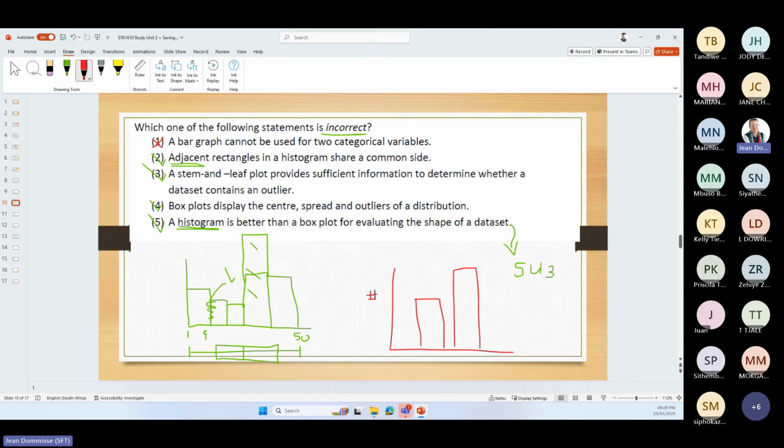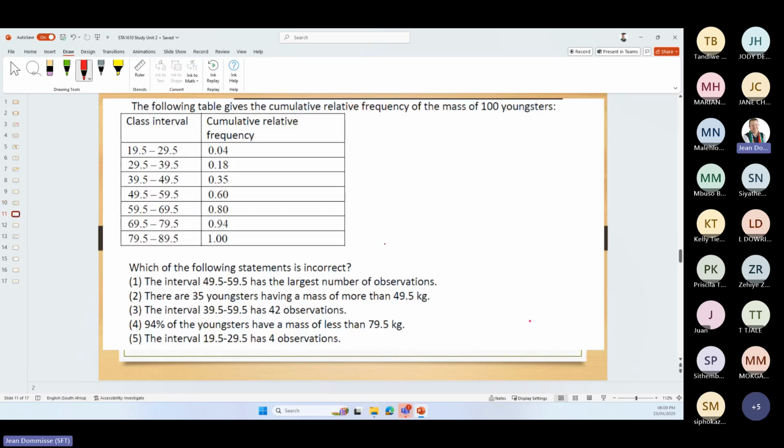So a bar chart can be used for 2 categorical variables. It's not the best, but you can use it. So it is applicable.